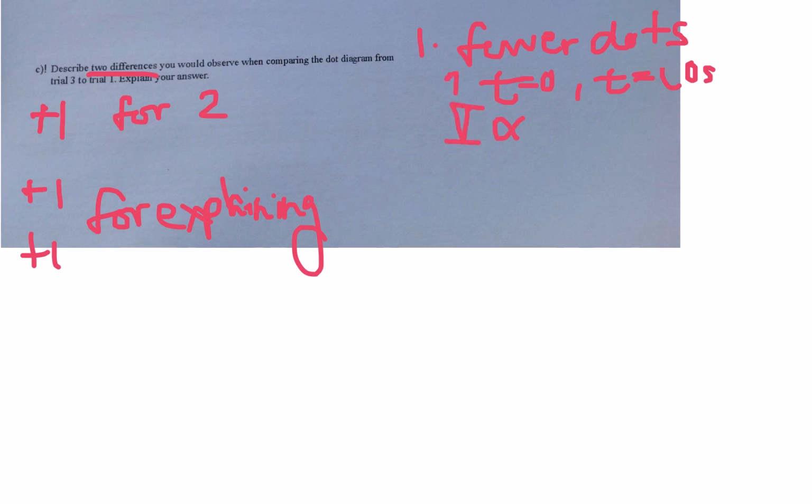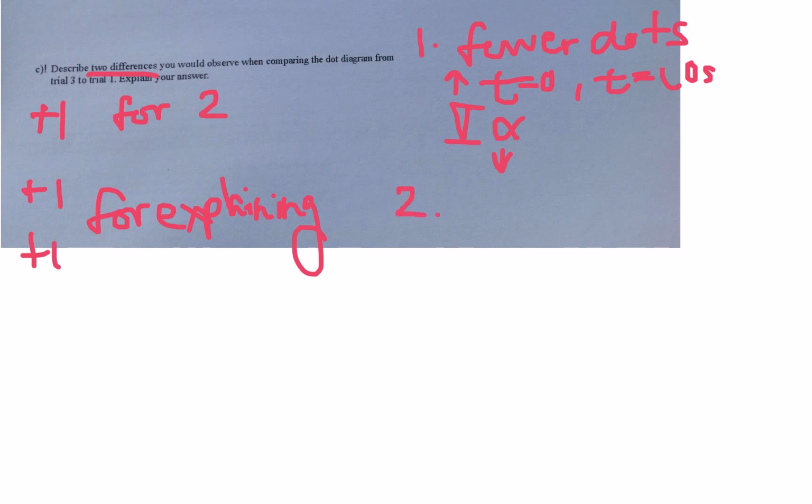Higher inertia means lower angular acceleration. If I have lower angular acceleration, it's not going to spin as fast, i.e., you're not going to see your photo gate get hit as many times in that first 10 seconds.